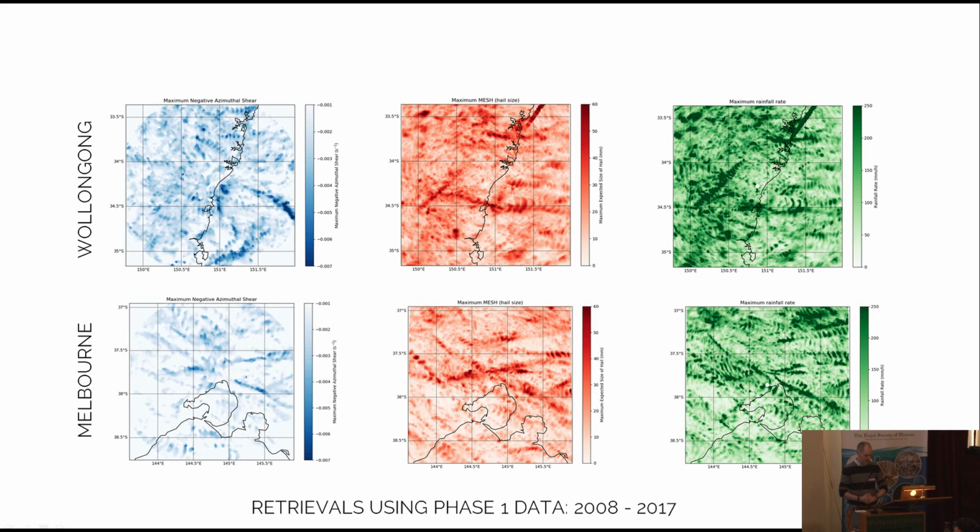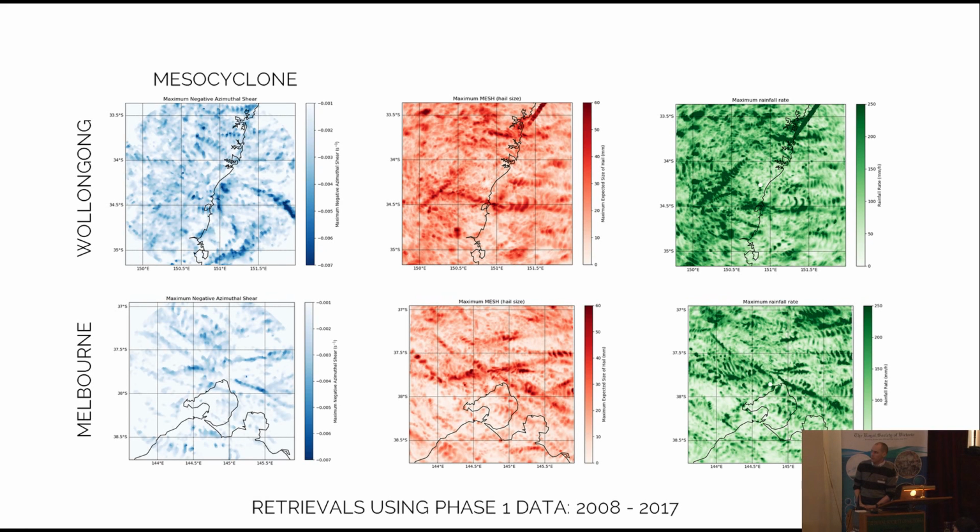Once we've corrected the data sets, we can put together long-term climatologies. I've got a couple of examples here from Wollongong and Melbourne for a 10-year period between 2008 and 2017. So the first climatology set is mesocyclones. These relate to the tracks of supercells across the domain.